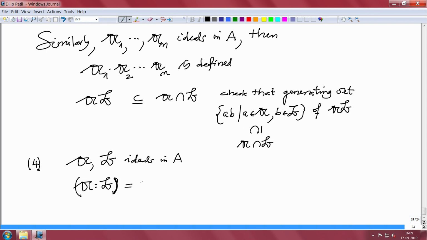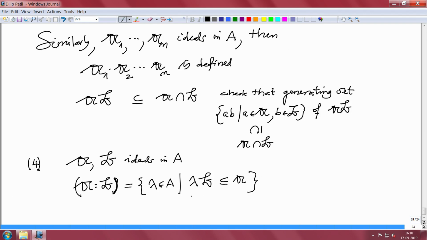This is equal to all those elements λ in the ring A such that λ times 𝔟 is contained in 𝔞. What does this mean?